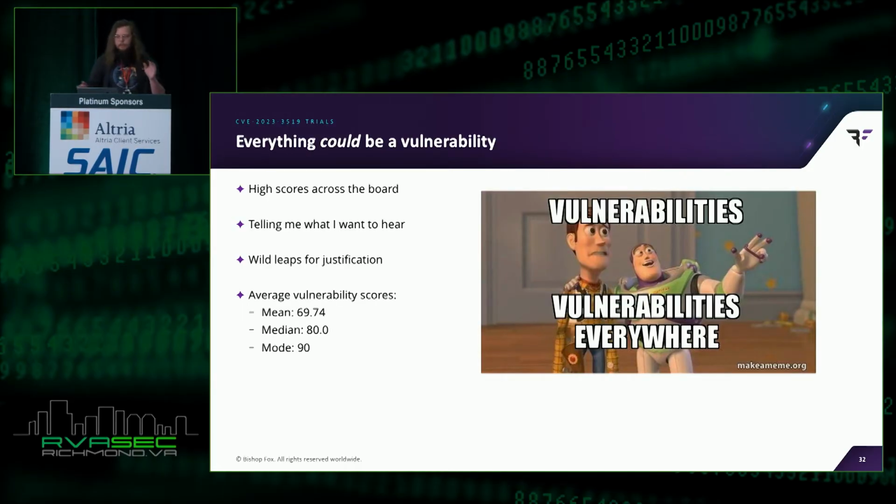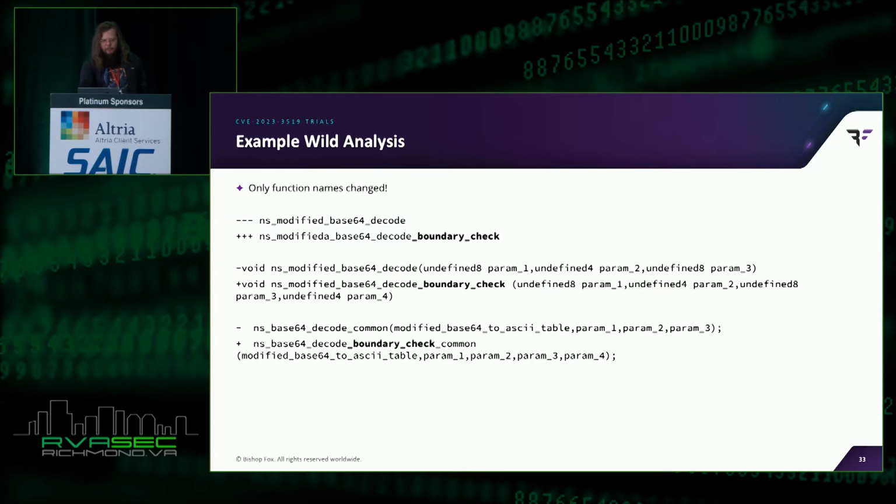Everything's a vulnerability. It's just telling me what I want to hear. All of these functions have to be related to the advisory. All of these functions are critical. I just want to flame the LLM for a minute, because we should never just blindly trust things. This is an example of a diff where the only things that are changing are the function names. It has underscore boundary check.